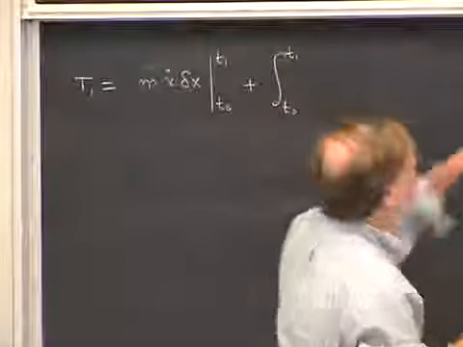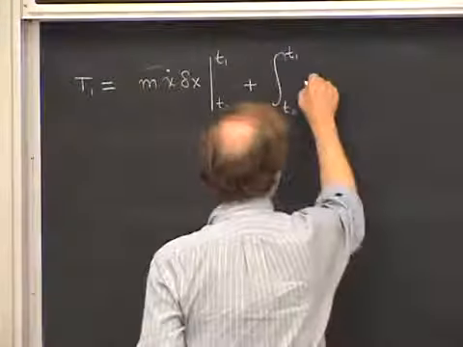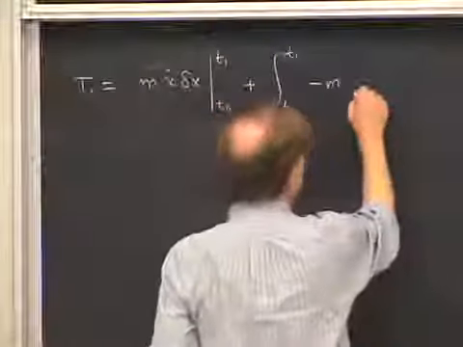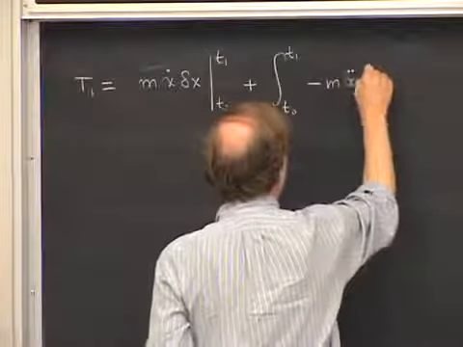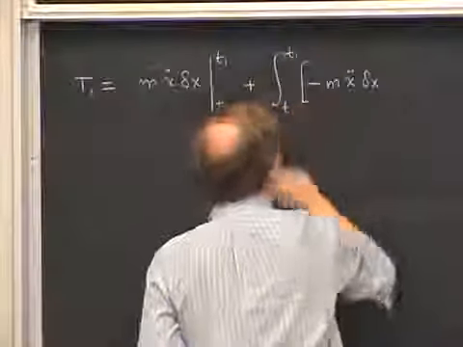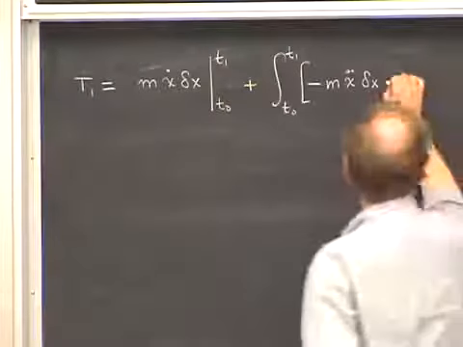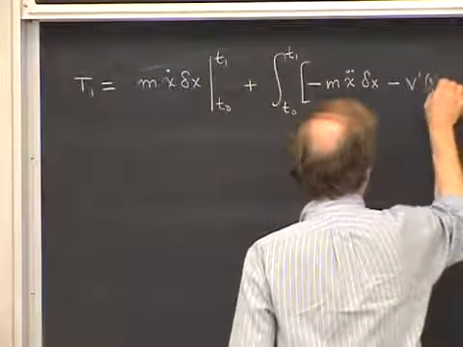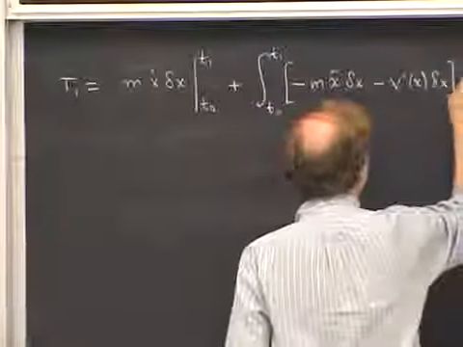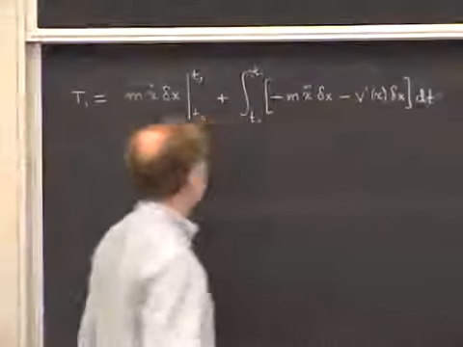And then I have to change the sign, so it's going to be minus the mass times x double dot times delta x. And then for the potential energy term, it's the same: it's minus V prime of x times delta x, and this is integrated dt. All right?